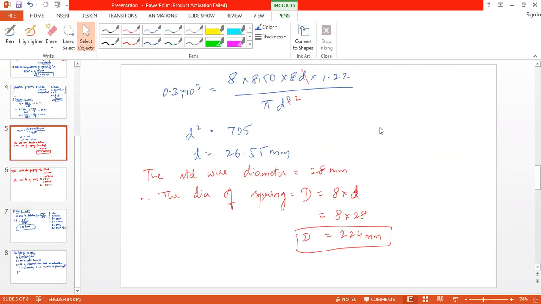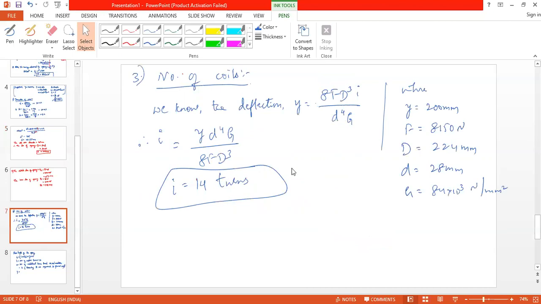So upon the application of the load, the spring will deflect more than 200 mm. Capital D is 224, and we solved for I and got 14 turns.